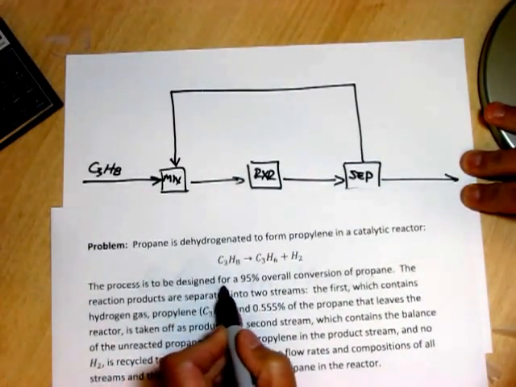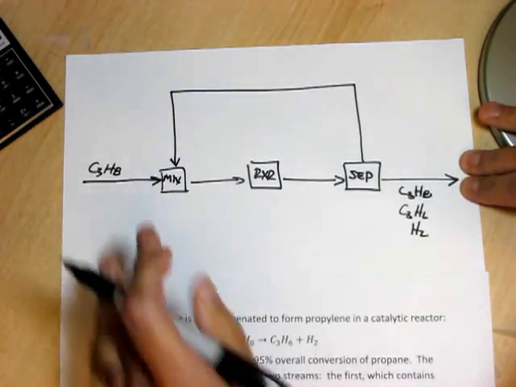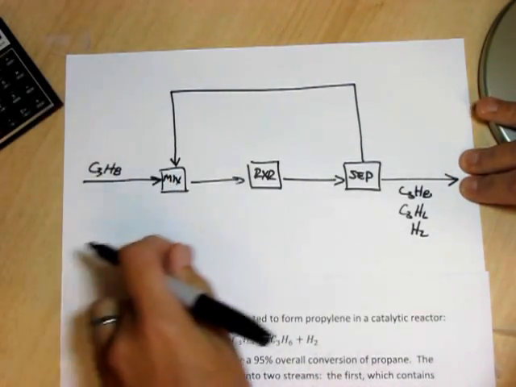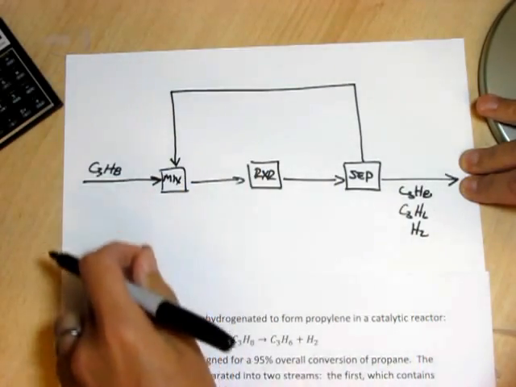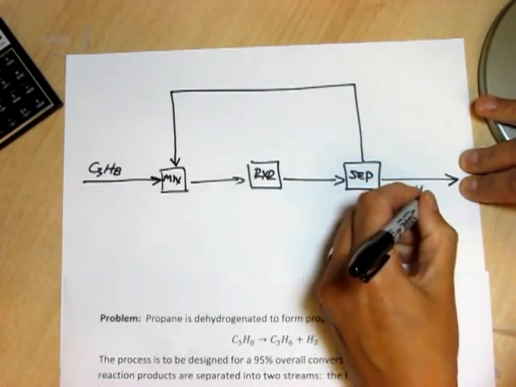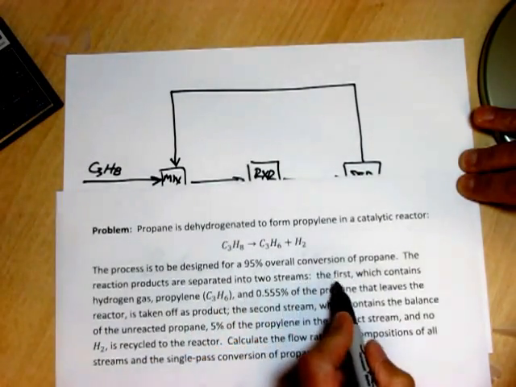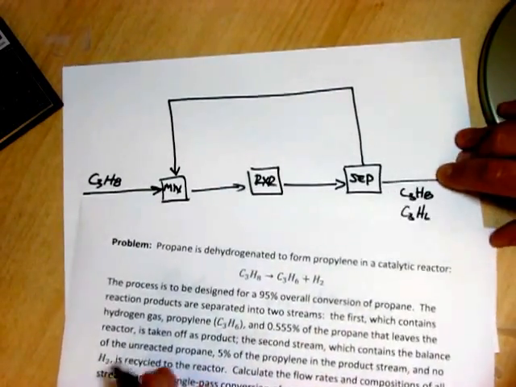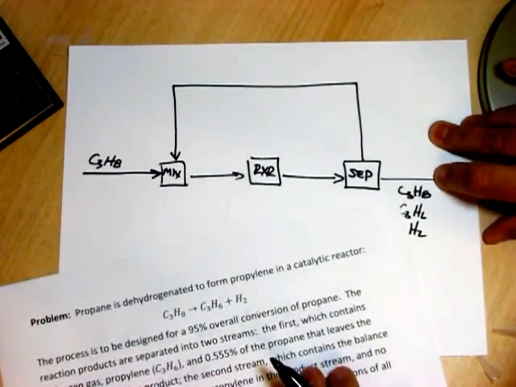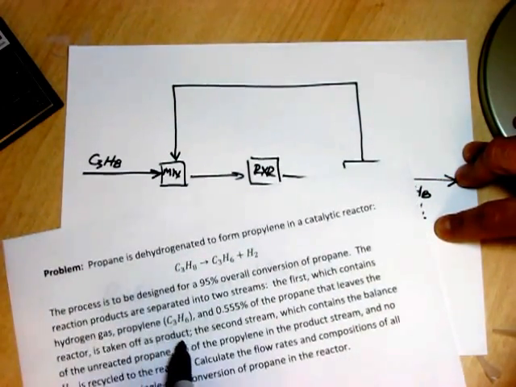The process is designed for a 95% overall conversion of the propane, meaning overall, when we put a hypothetical box around all these units, 95% of the propane is converted. The reaction products are separated in two streams. The first, which contains hydrogen gas, propylene, and propane, that's the one we've drawn, leaves the reactor and is taken off as product.